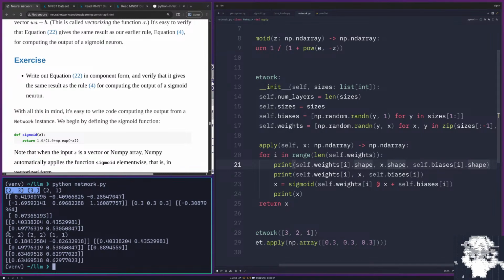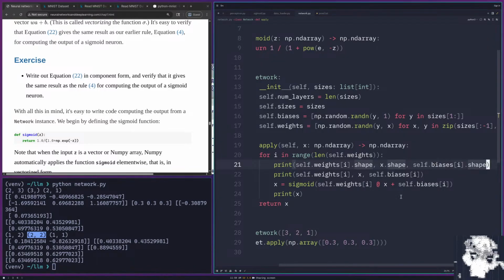Then in the next layer, why is x 2 by 2 all of a sudden? That doesn't make sense, does it? Print x dot shape.